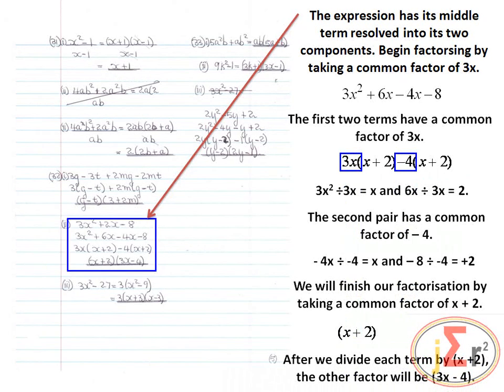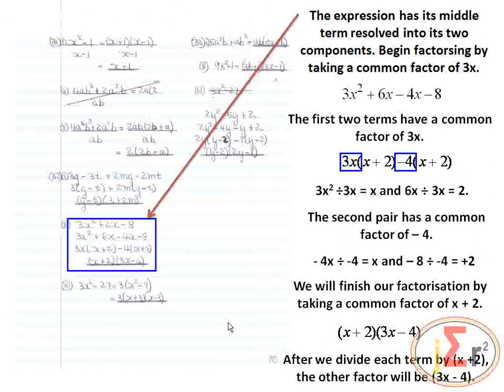After we divide each term by x plus 2, the other factor will be 3x minus 4, and we have them highlighted right here.